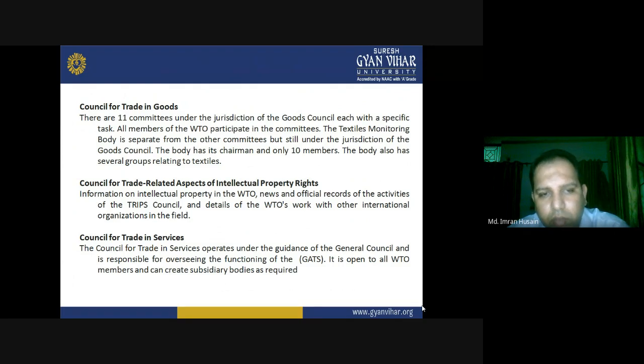Council for Trade in Services. The Council for Trade in Services operates under the guidance of the General Council and is responsible for overseeing the functioning of GATS. It is open to all WTO members and can create subsidiary bodies as required.